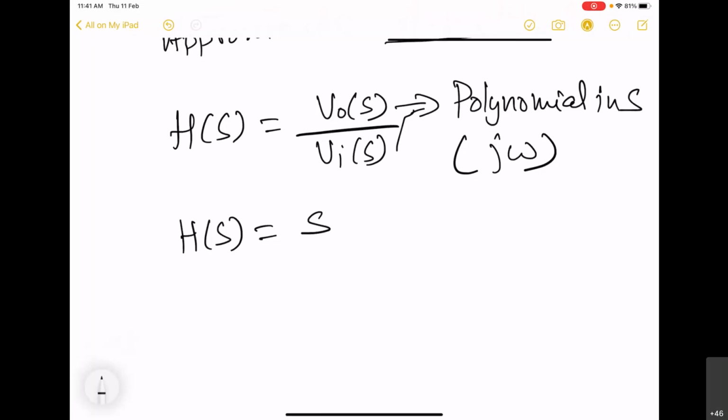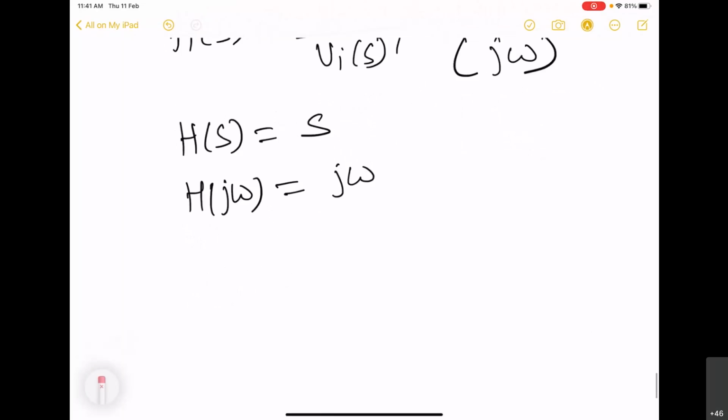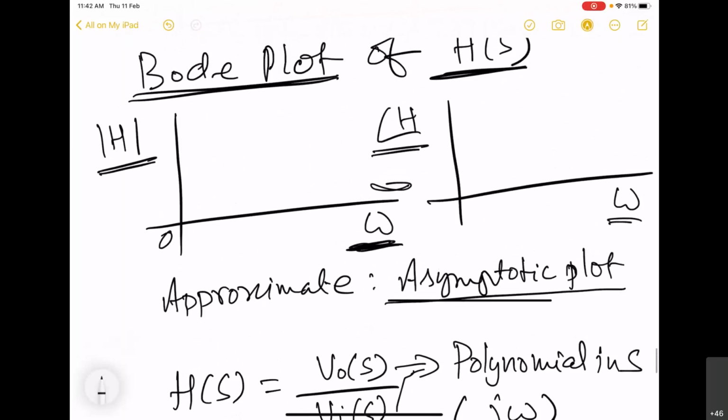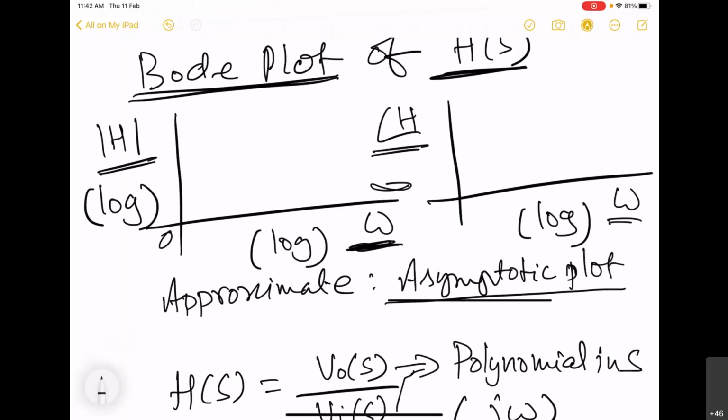So here the frequency response will be given by j omega, and we want to plot the magnitude and phase, and this we do in the log domain. That means both the x-axis and the y-axis are log. Here the phase will of course be in degrees.